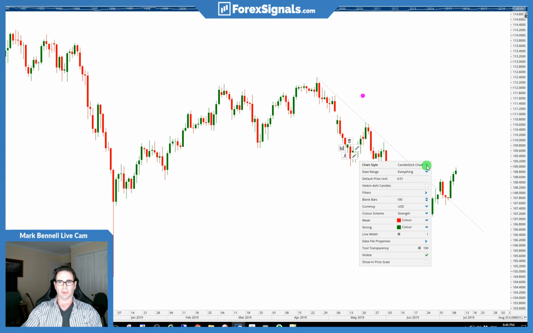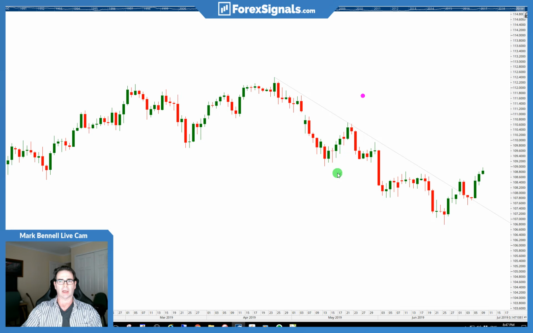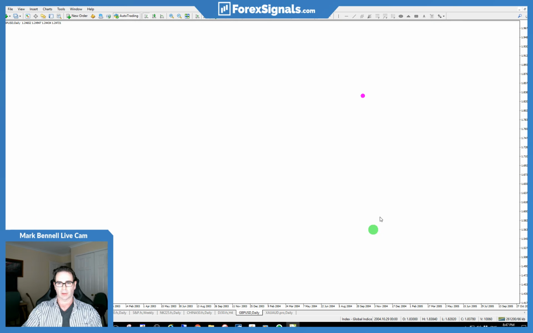And they will give you more of a trending look. So cutting out the noise of candles in between and just focusing on the trend is probably one area.